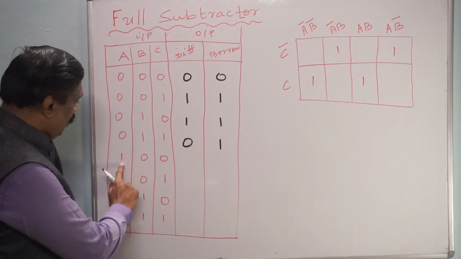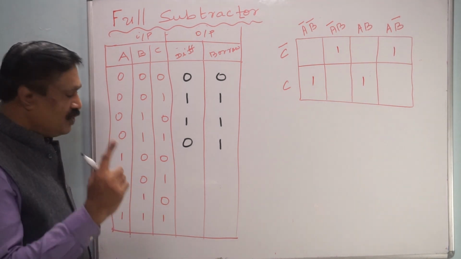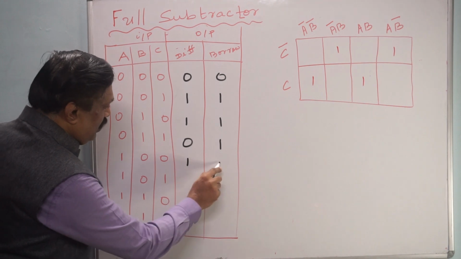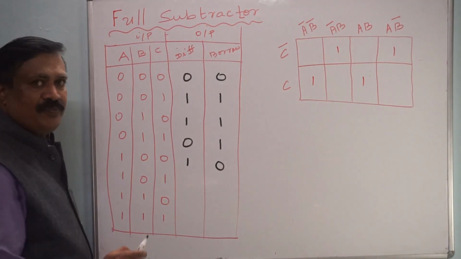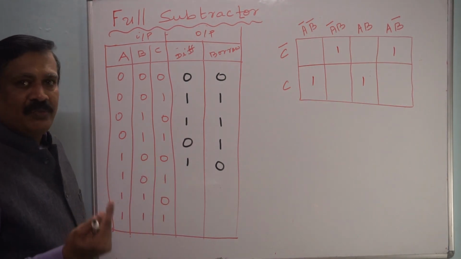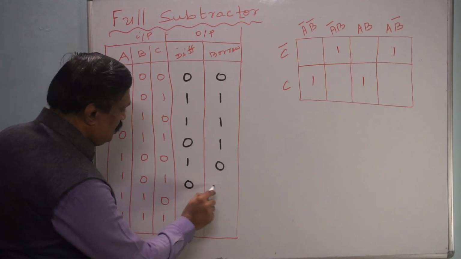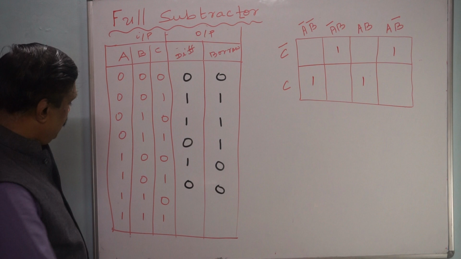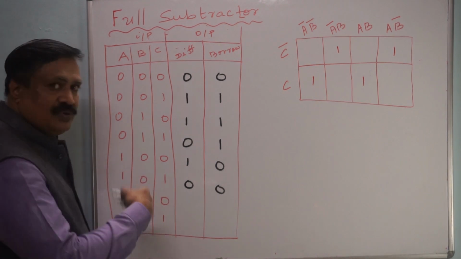And here 1 minus 0 is 1, and again minus 0, therefore difference is 1, and there is no borrow. And here 1 minus 0 is 1, and 1 minus 1, that means there is no difference, there is no borrow. Therefore 0, 0. And here also 1 minus 1, 0, and 0 minus 0, 0.